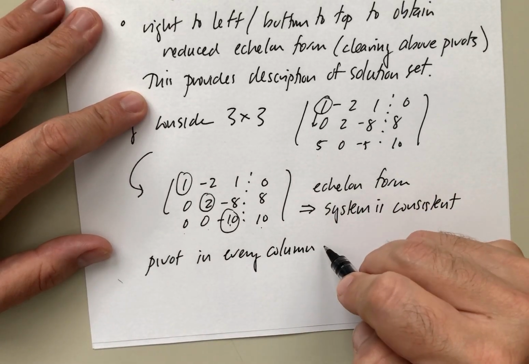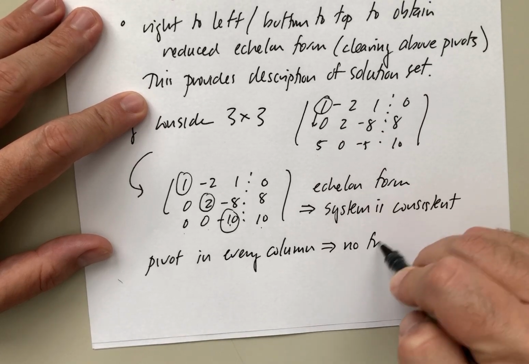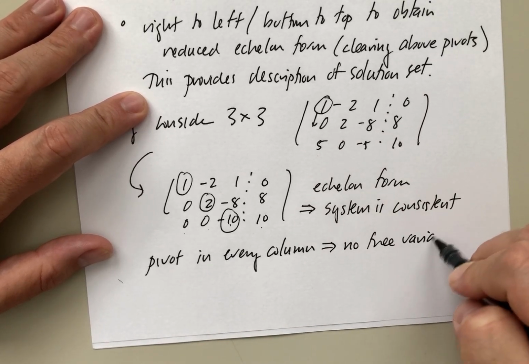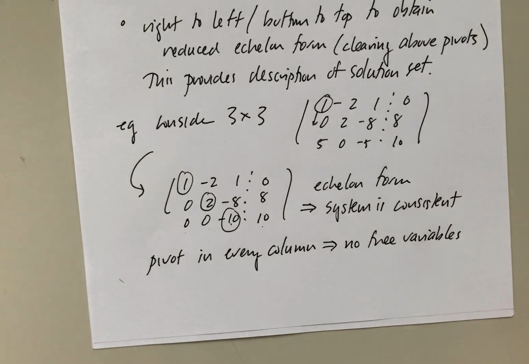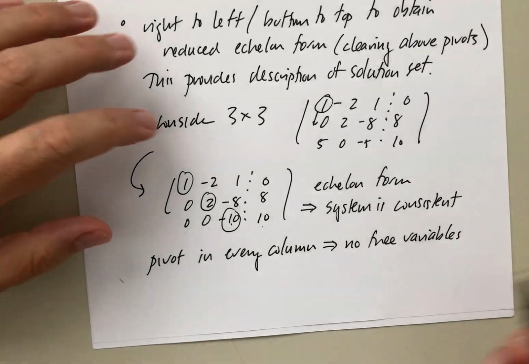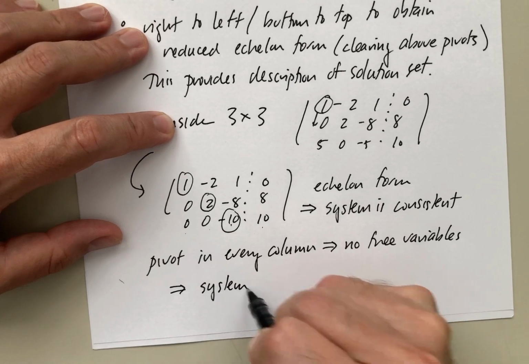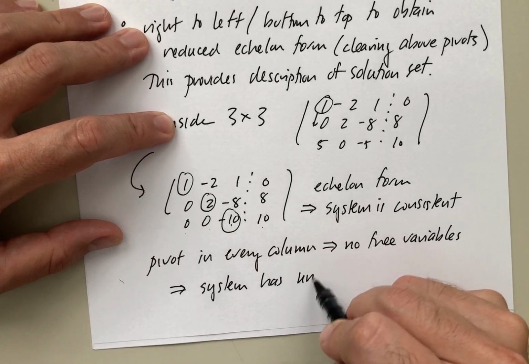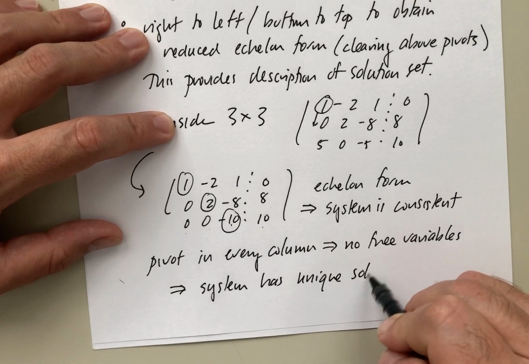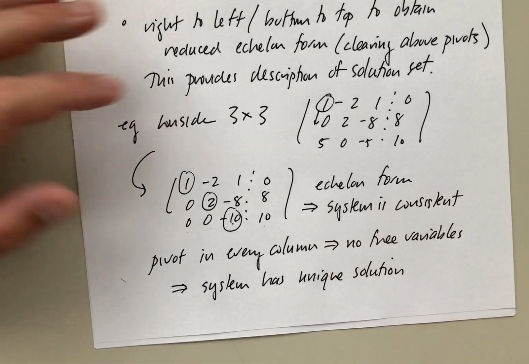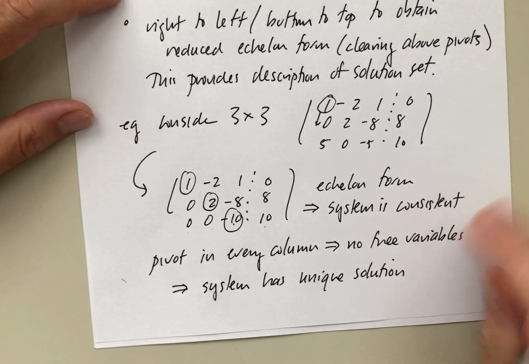This will tell me that there are no free variables, so I have no choice of how to assign a certain variable a certain number. So the system is consistent and has a unique solution. There's a unique way to choose x1, x2, and x3 that works for those 3 equations.